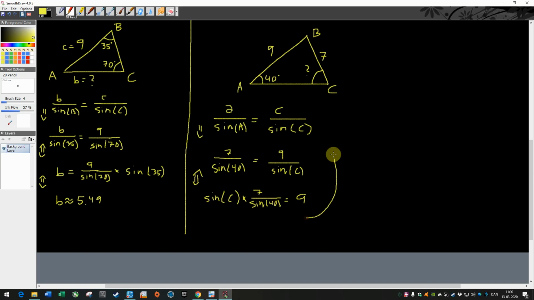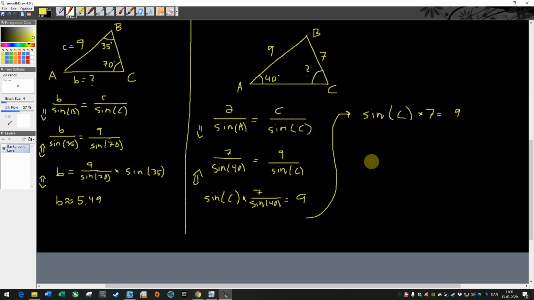Now I go up here. I multiply with sine 40 on both sides. I just do it one step at a time, so it doesn't go too fast.